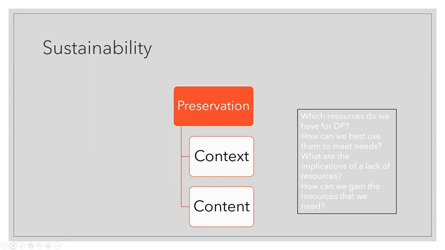So going back to this idea of outreach and advocacy and collaboration, and using those three things to convince people, either to support your archives or to find ways that don't require a lot of resources to improve your digital preservation efforts.